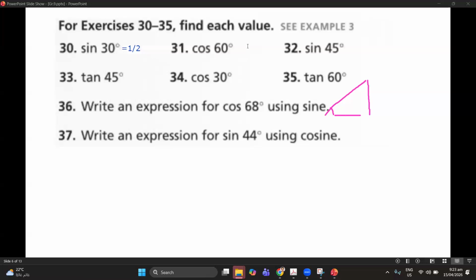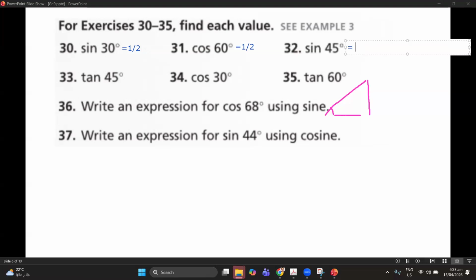Excellent. What about cosine 60? 1 over 2 also. What about sine of 45?